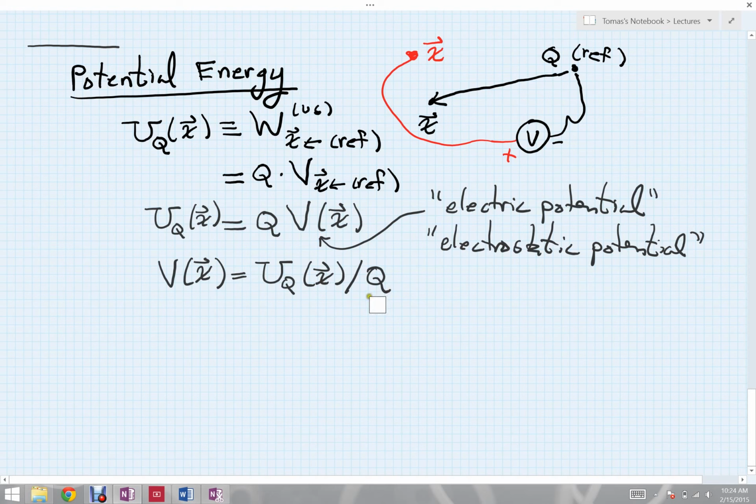It's on a per unit charge basis. The final way we can look at this set of relations is the basic definition of V, which I had basically given to you right here, but it's always nice to have it written back down again. You can also determine the electrostatic potential as the voltage to the point X from your given reference point.